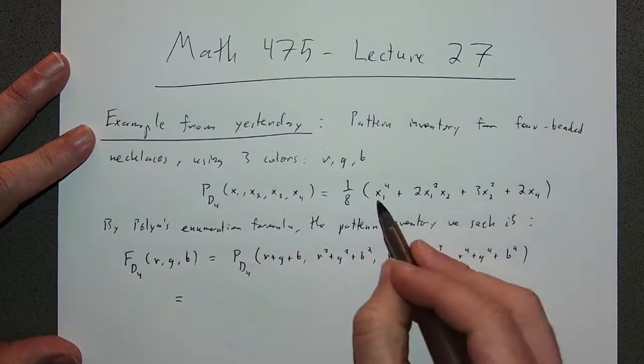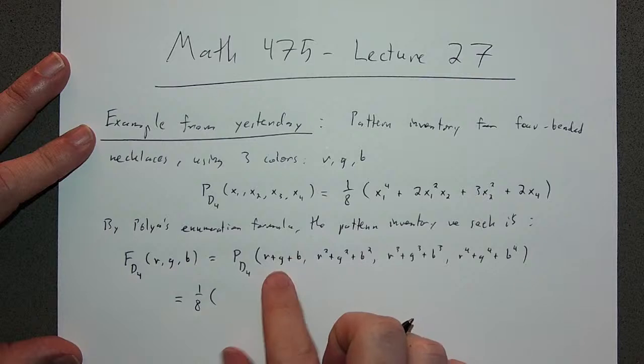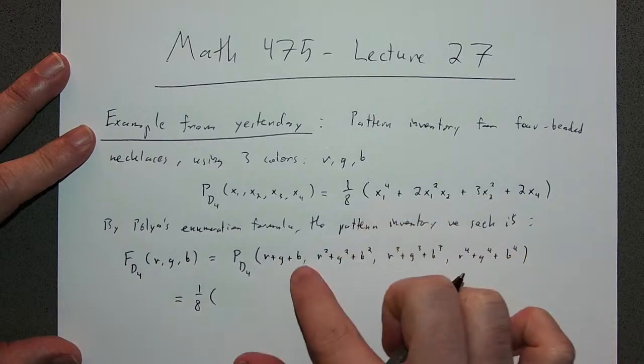So writing this out, this would be 1/8 times, into the first slot, the x sub 1 slot, goes r plus g plus b.